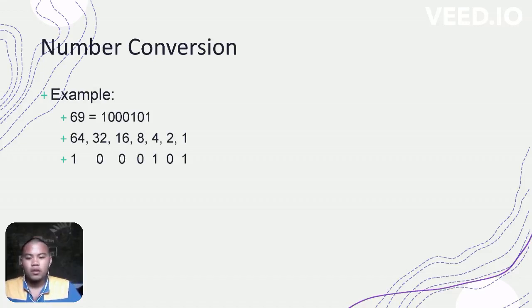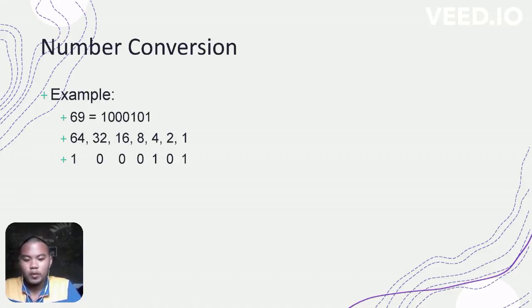So the method to converting 69 into binary is to add up these numbers so that it turns into 69. As you can see here, 1 for 1, then 0 for 2, and another 1 for 4, zeros on 8, 16, and 32, and 1 for 64.